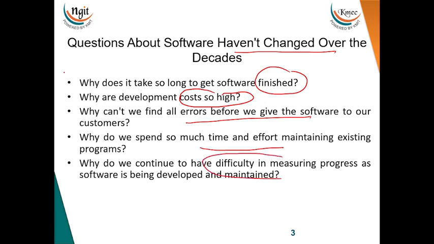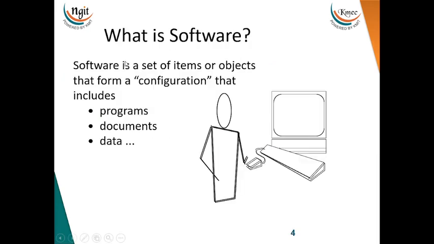These are the basic questions. If I have five questions, these are the basic ones that have gone on for a long decade: why does software take so long to finish, why does it cost so much, and why can we not find the errors before the customer has it.